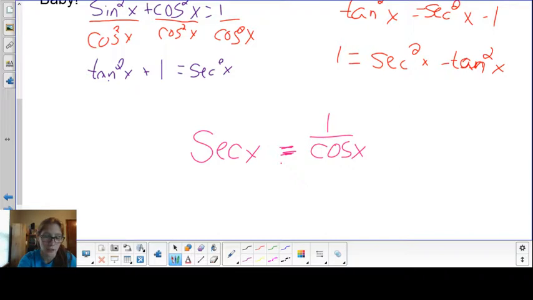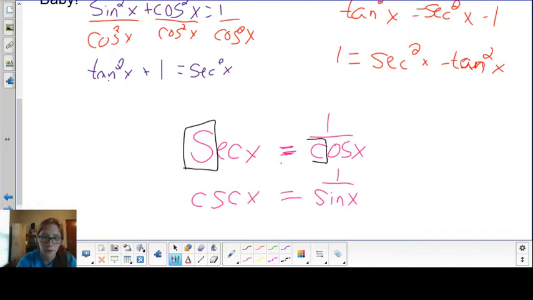If you're looking at cosecant, and you're like, man, I know it's 1 over sine or cosine, I can't remember which one it is, your answer is sine. The first letter of the corresponding reciprocal will not match. They're opposite.